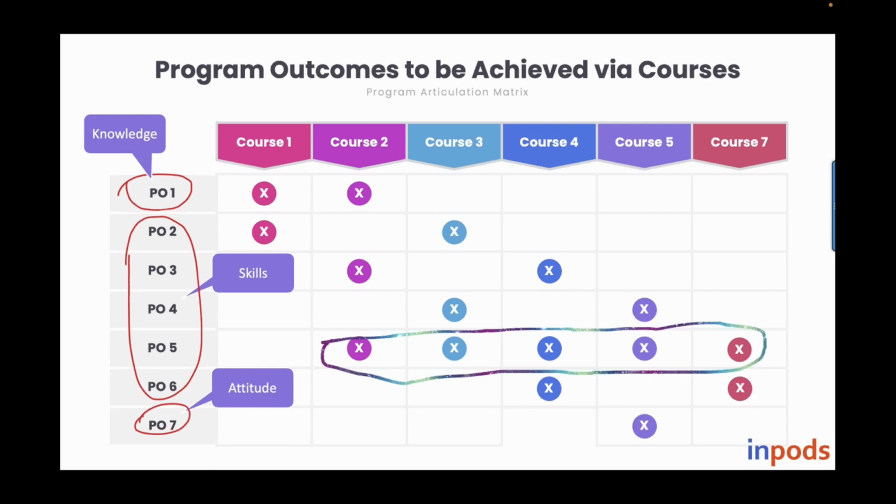So you want this to be taught and covered properly, and that's why there are 5 courses there. But it may be a mistake also, so you may have to normalize it, give more time to other program outcomes, and balance it out. But if it is to be really critically taught, then naturally there will have to be more activities, more learning experiences that will have to be created for the students.